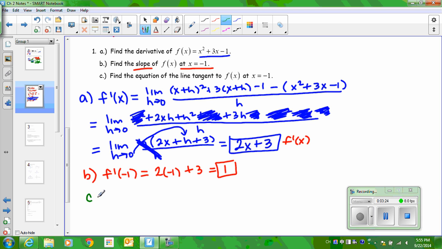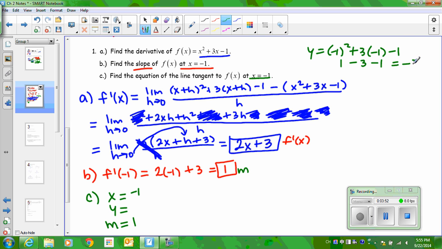Moving on. Tangent line. Now remember, to do a line, you need to know 3 things. We already are given the x. We just found the slope. Now to find the y, this is where people get mixed up. Just go back to the original. The y value is going to go to the original: -1 squared plus 3 times -1 minus 1. So 1 minus 3 minus 1, that's -3.